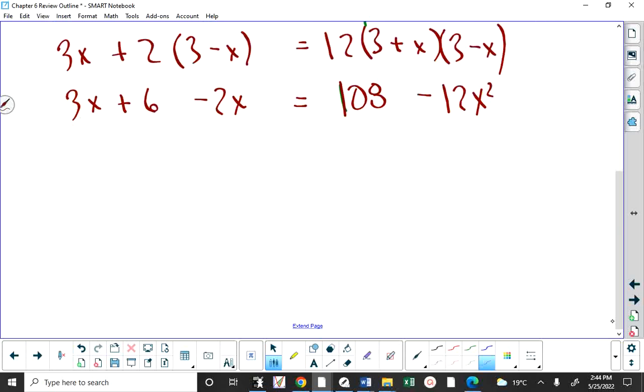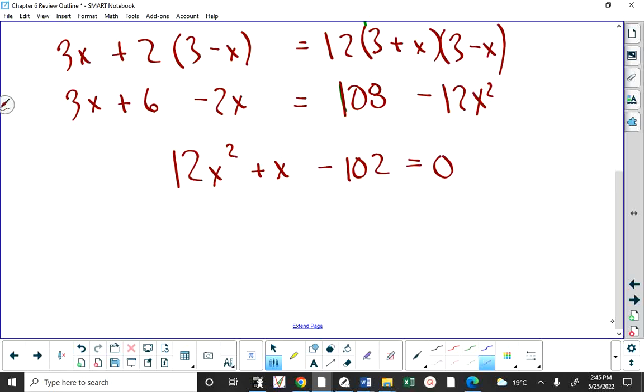So you would have to solve this quadratic equation, 12x squared plus x on the left, and then we have 6 minus 108, which is minus 102. I would be blown away if that's factorable, just because I chose numbers at random. So you'd probably have to solve this using the quadratic formula.